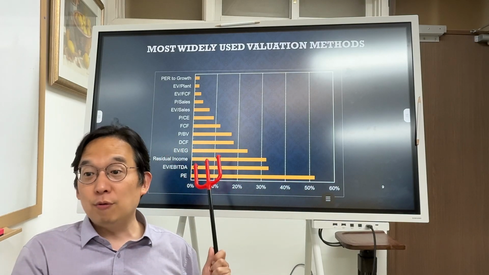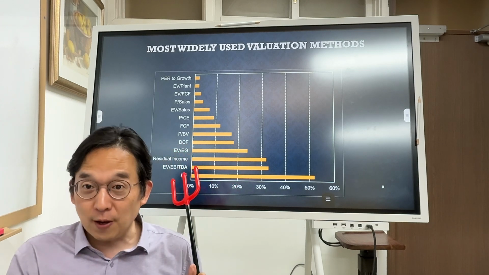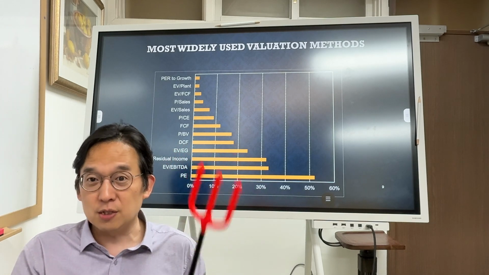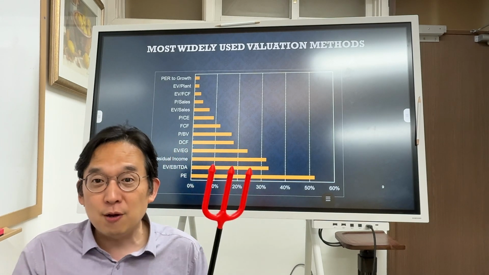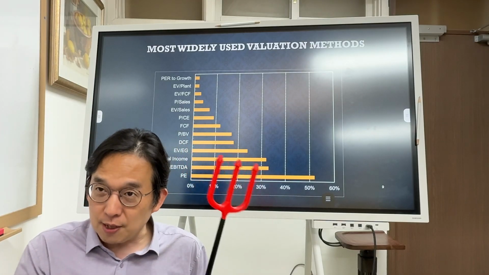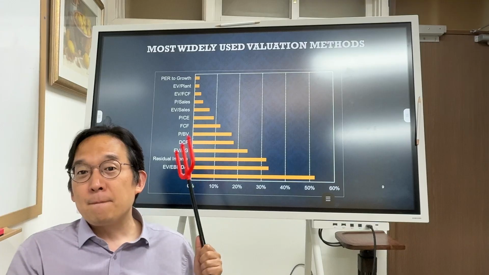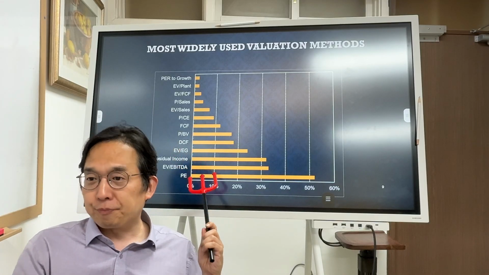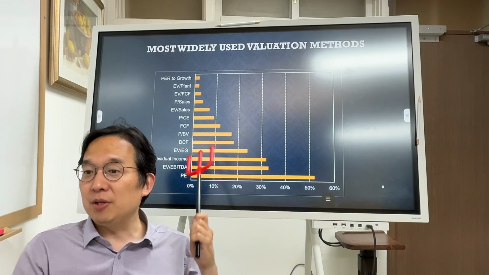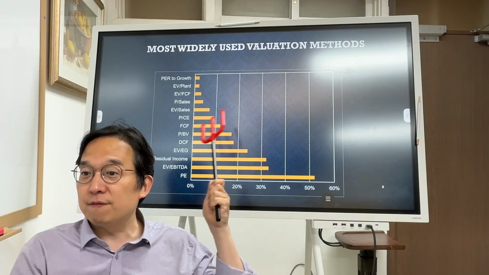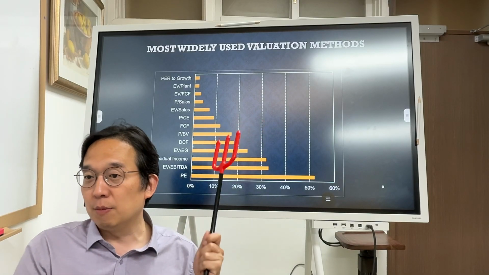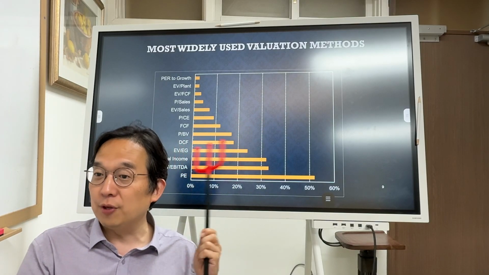Next one is EV to EBITDA, okay? Enterprise value. You know what enterprise value is: the present value of your FCFF discounted at WACC, okay? And then residual income, EV to EG, DCF, PV, what's that? PB ratio, and then free cash flow to firm.